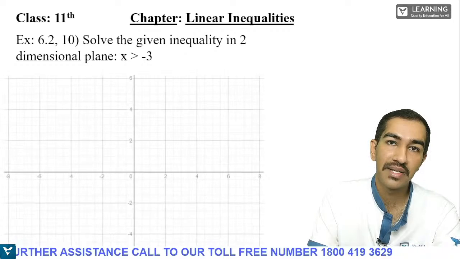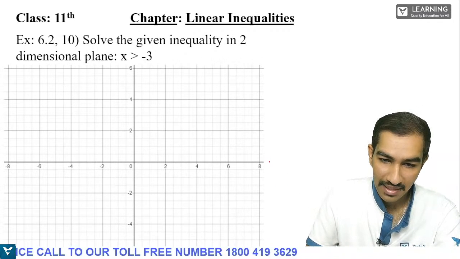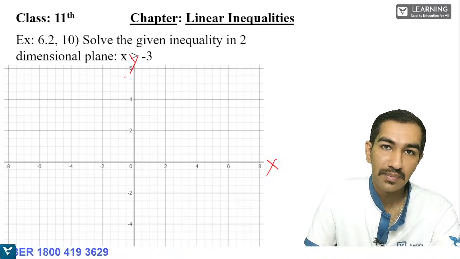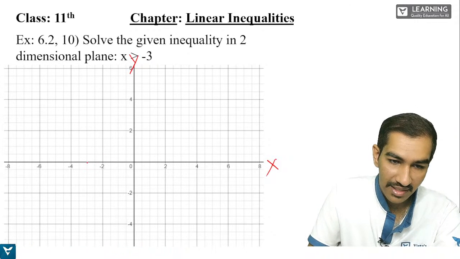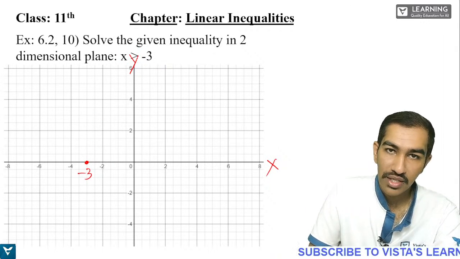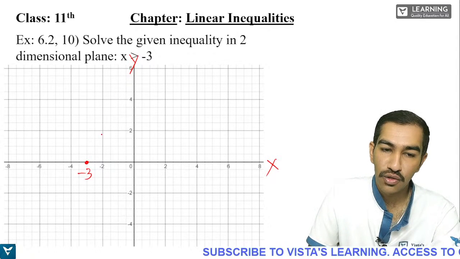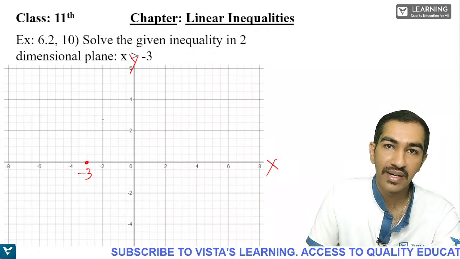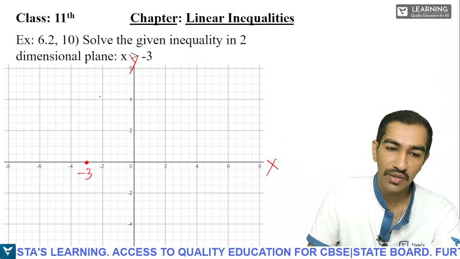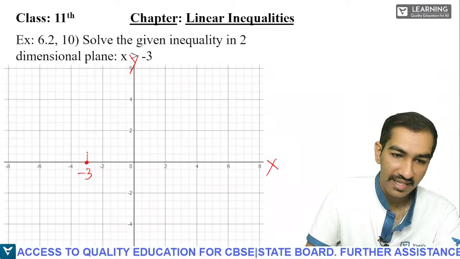So we'll take a two-dimensional plane now. So that is nothing but x-axis and y-axis. Locate where is -3? -3 is somewhere here. Correct? This is x is equal to -3. Now it is greater than, right? So no equal to symbol. So only one point we got. Where is another point y? Y is not given in inequality. So it is greater than and there is no equal to symbol. So draw a dotted line like this.